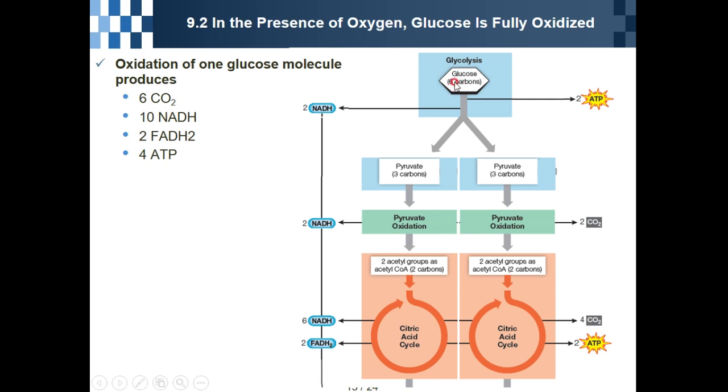So this 6 carbon is changed to 6 CO2. Each CO2 has 1 carbon, so 6 CO2 means they have 6 carbon. After that, they will make the 2, 2, 6, 10 NADH. And they will make the 2 FADH2. Finally make the 4 ATP is like this.